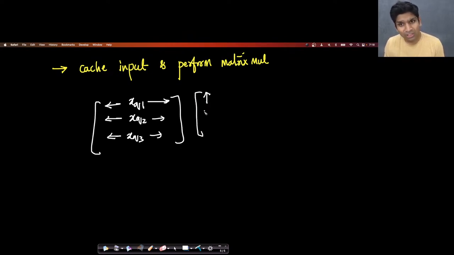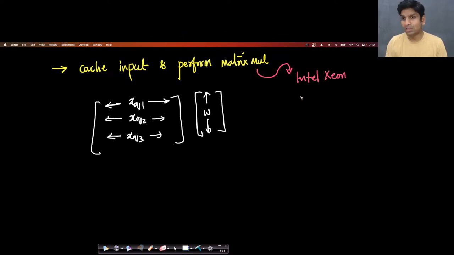Multiply them with your W. And matrix multiplication, especially on Intel server processors, which are called Xeon processors, has a lot of internal code optimization. This way, you can get the benefit.